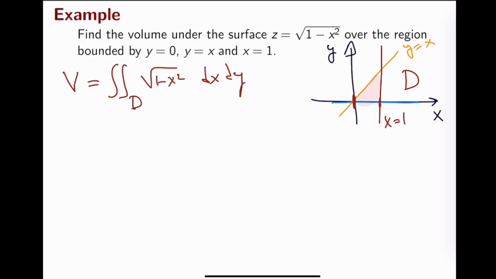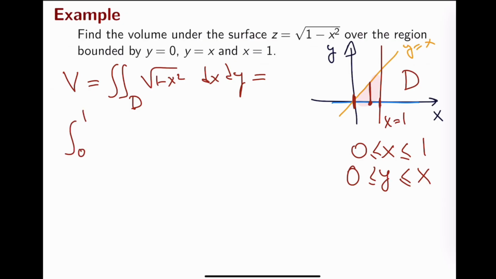In this case, as x varies between 0 and 1, and y, we consider here a segment of y, will vary between this lower function, the blue one, which is y equals 0, and the orange function, which is y equals x. And so we can calculate this by calculating the integral between 0 and 1 of the integral between 0 and x of the square root of 1 minus x squared dy and then dx.